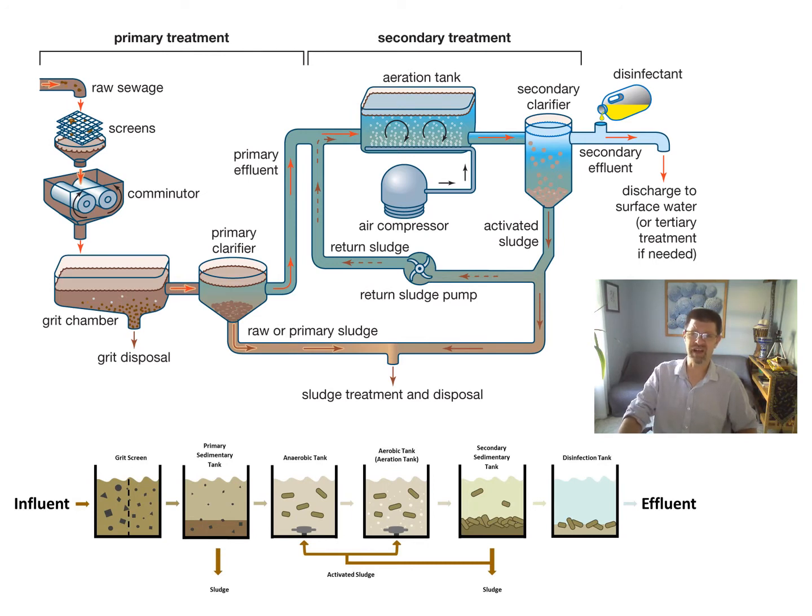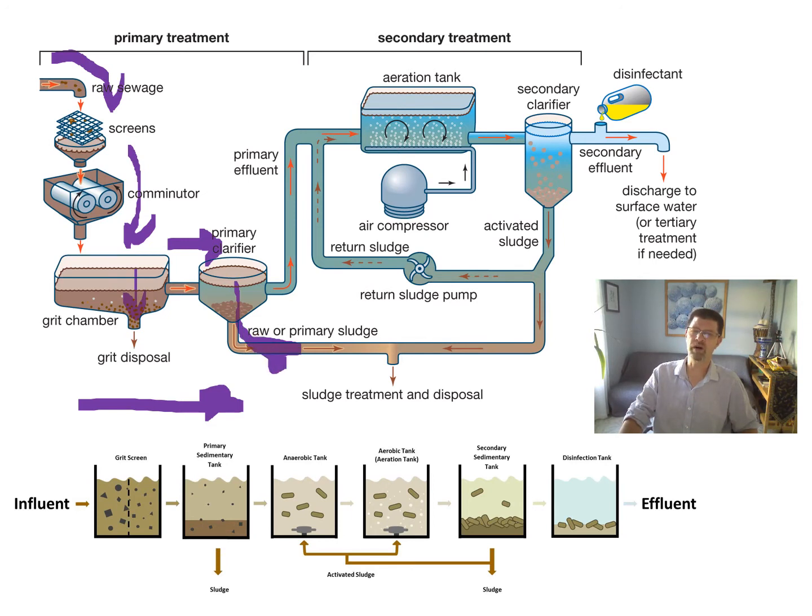We've got a kind of a cartoon version of it here, going from left to right. We start with raw sewage, and it goes through a screen, and then we grind it up, and then we put it into a tank and let some stuff settle, and we get rid of the grit. That's probably some pretty nasty stuff. Then we let it sit a while longer, and we get more stuff off the bottom of it. We take the water off the top. This is called the primary treatment.